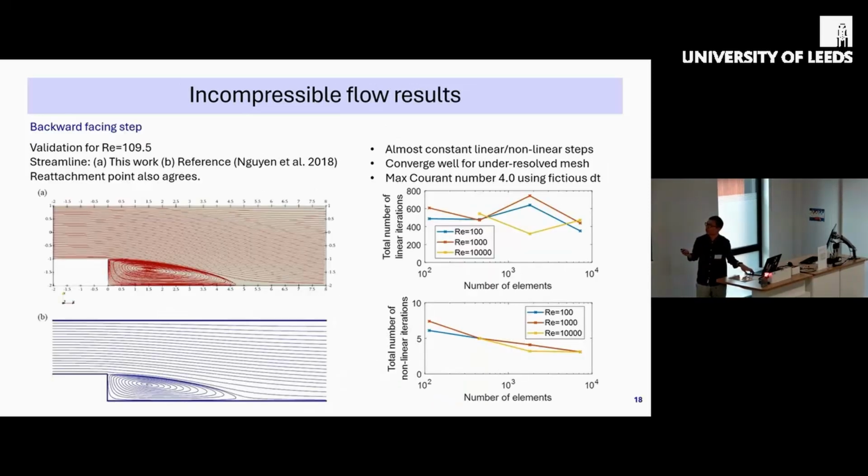And here are some results. On the left is a comparison of our results with the literature. And on the right, again, as you increase the size of your problem, the number of iterations is almost the same, does not increase, even at a higher Reynolds number.